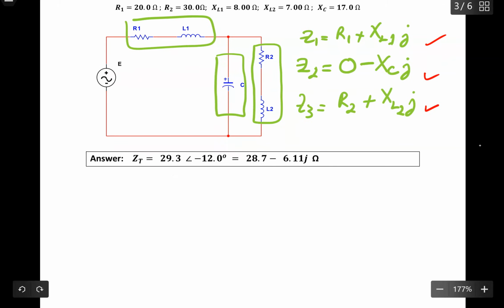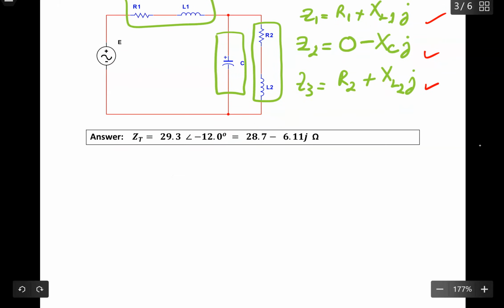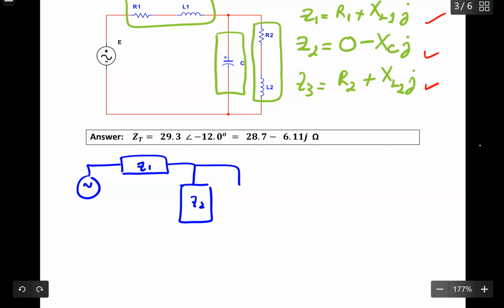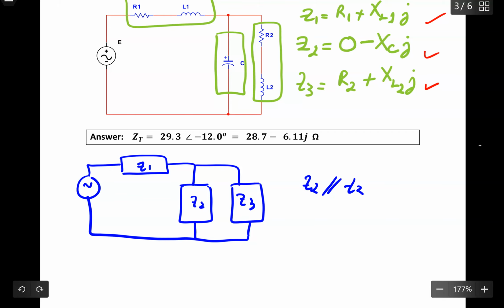So now we are going to draw our simplified impedance. So here Z1, Z2, Z3, connect it back to the source. Now you realize that Z2 is parallel to Z3.